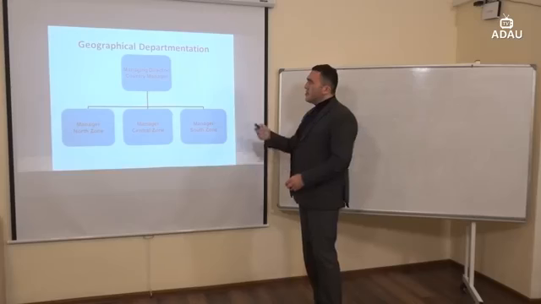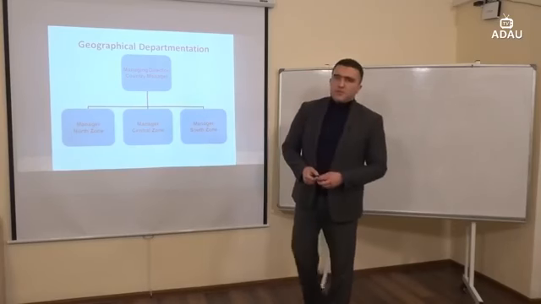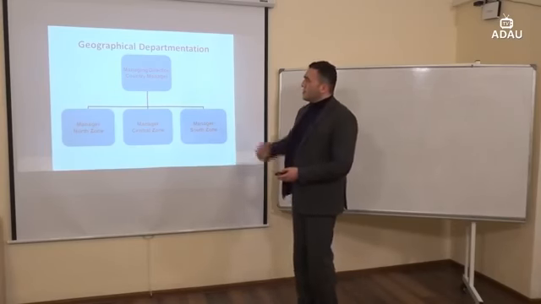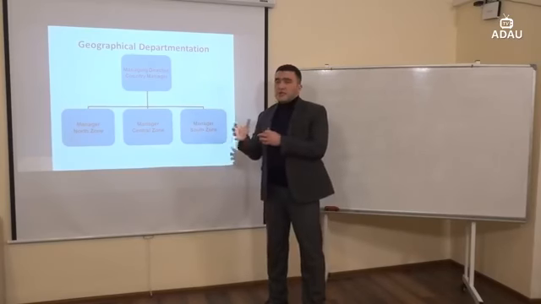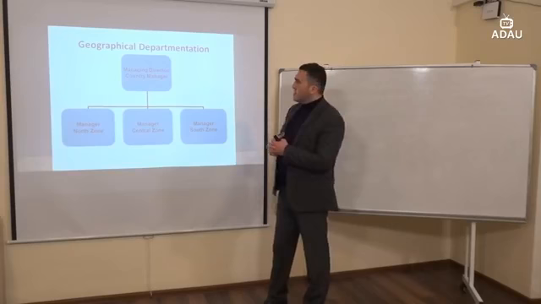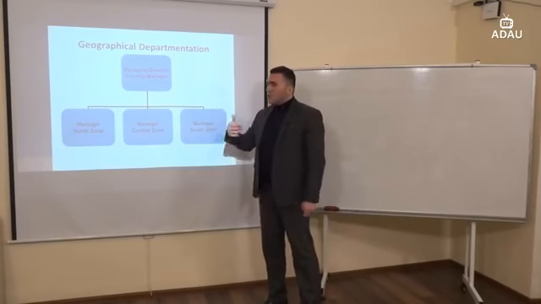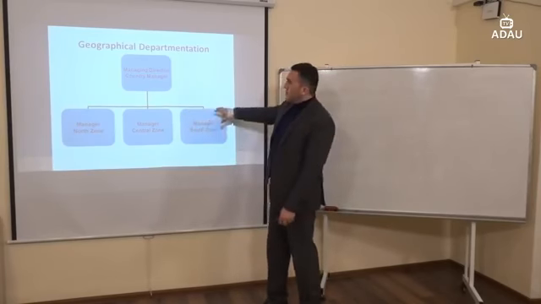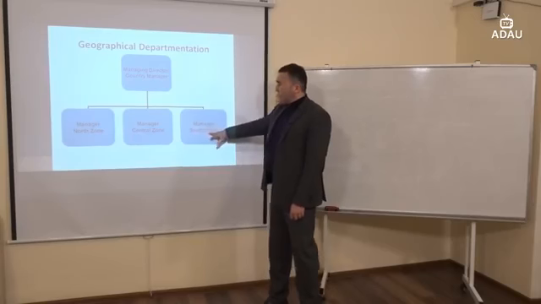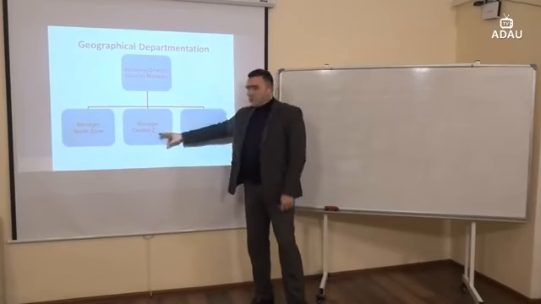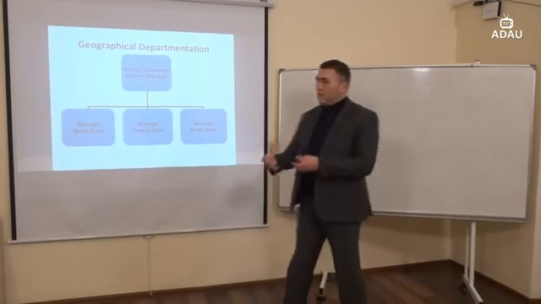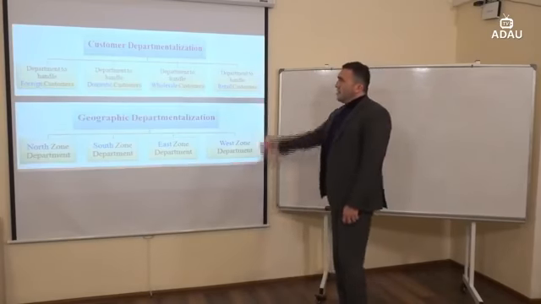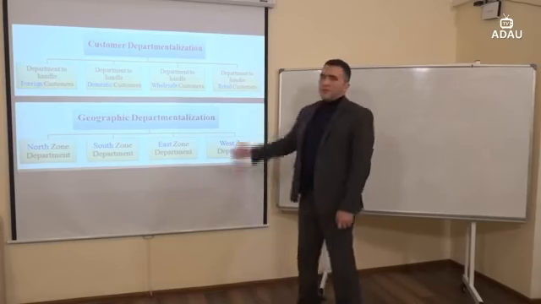And another one is geographical departmentalization. It means that the organization is divided into departments based on geographic location. For example, a manager of the South Zone, a manager of the Central Zone, and a manager of the North Zone in the country. Okay, the third one is customer departmentalization.